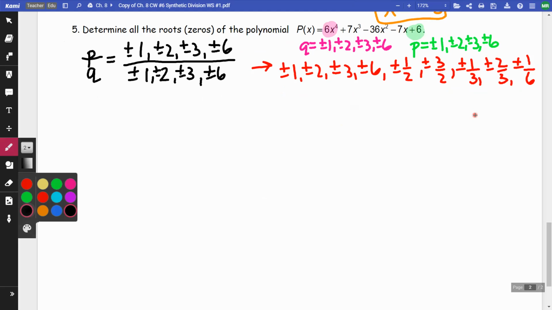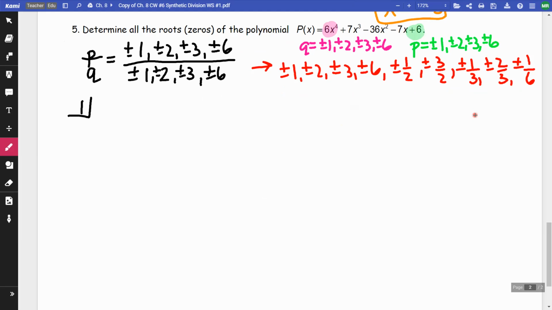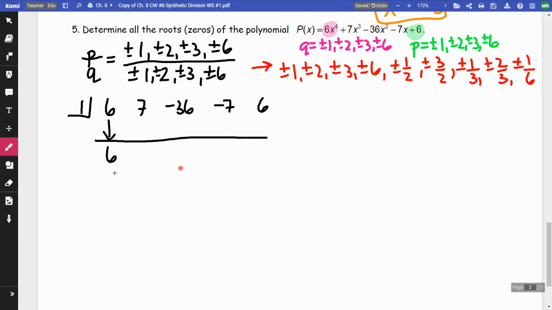Okay, so I'm going to start with a 1, and let's just see what happens with that. So I'm going to have a 6, a 7, a -36, a -7, and a 6. I'm thinking I might have to go higher because I need to somehow get that 36 down, but let's just see what happens. 6 times 1 is 6.